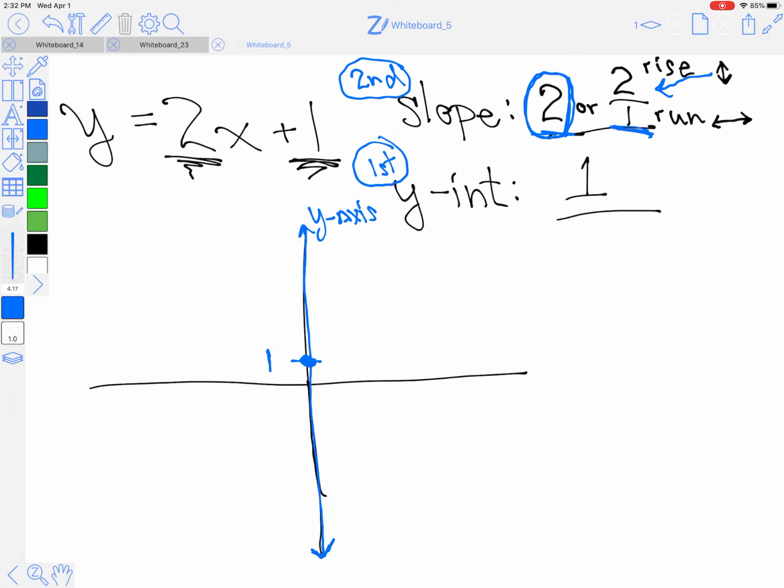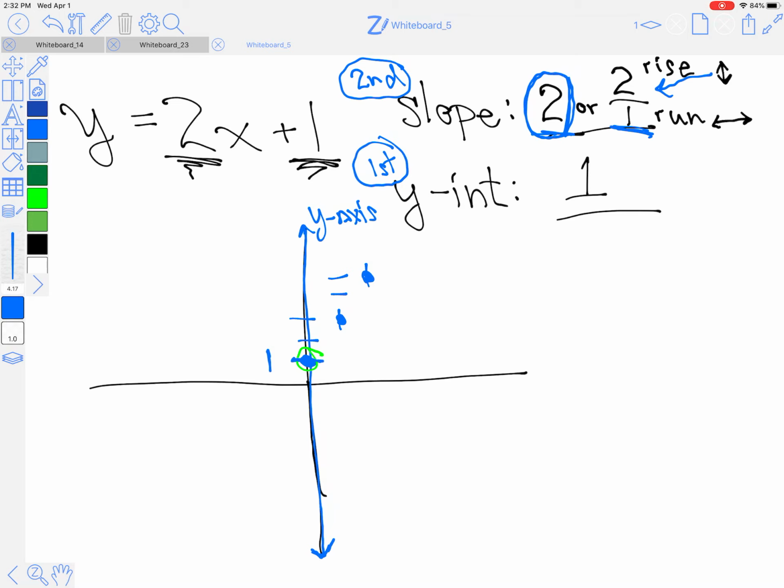So to get to my second point, I have graphed the first point right here, and I use my slope, and I start from that point at the 1, and I go up 2 over 1. And that is another point, and I can do it a couple more times. Up 2 over 1.